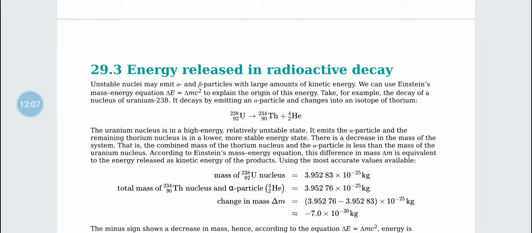In the earlier note, I'm not really sure what I gave, but uranium is high energy, low stability. Thorium is high stability, low energy. Then continue writing along with an alpha particle, within brackets helium nucleus.